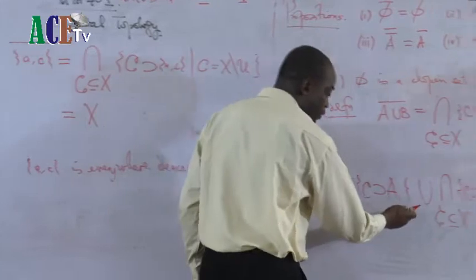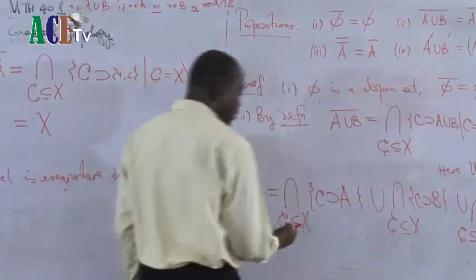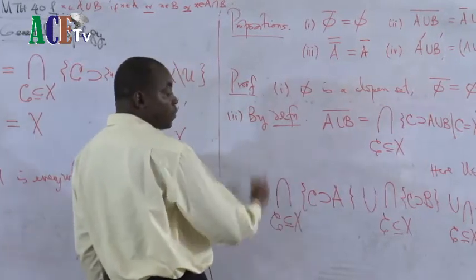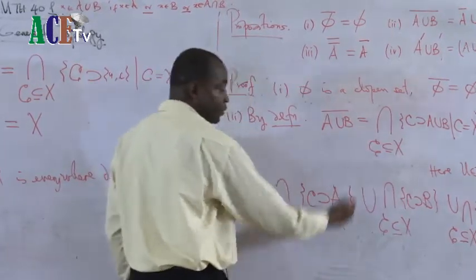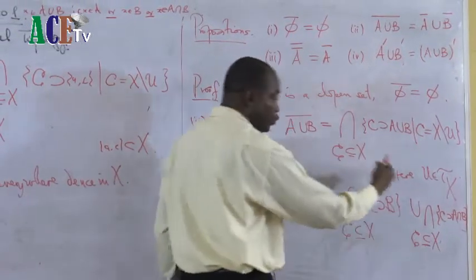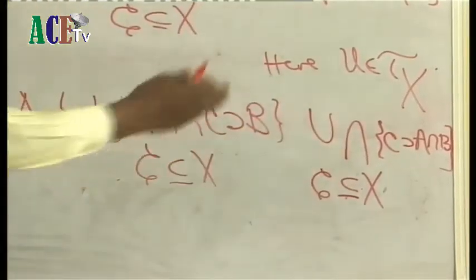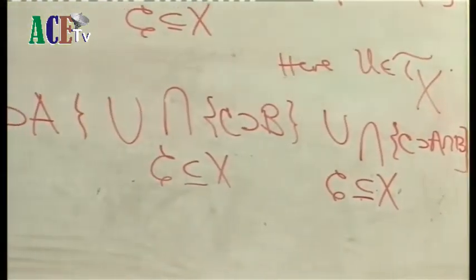So in other words, we can break this down into all closed sets containing A, union all closed sets containing B, union all closed sets containing A intersects B.